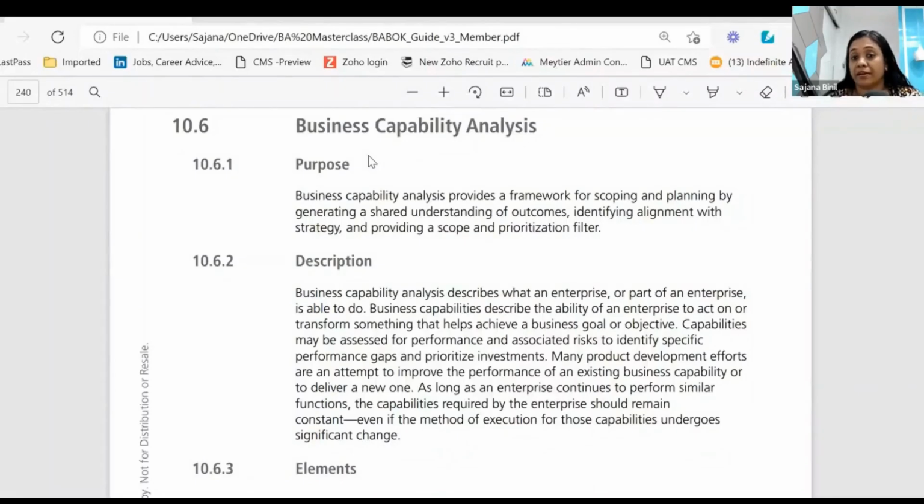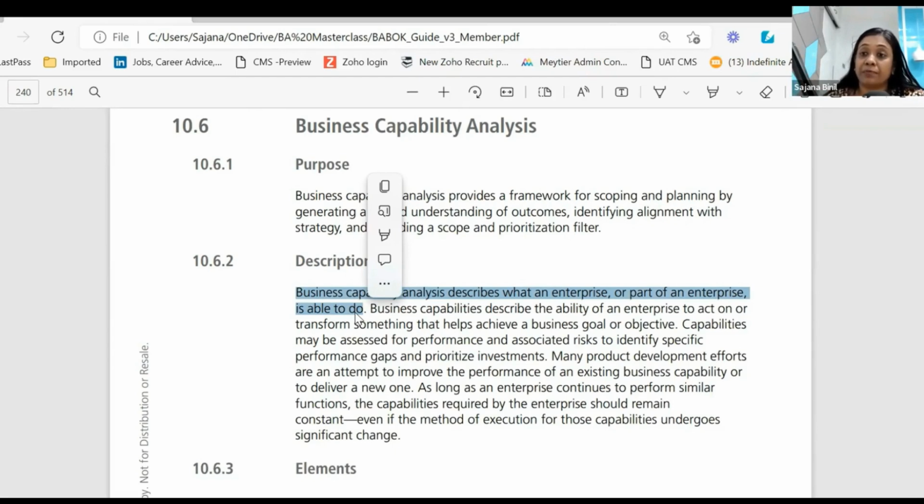It is all about how capable a particular business is, how capable it is in delivering the products or services that it is offering to the market. So it simply says business capability analysis describes what an enterprise is able to do. Capability, right? What is the capability you and me have? So it might be capability in terms of the resources that they have, the skills that they have, the infrastructure that they have to produce that particular product or service, deliver that service.